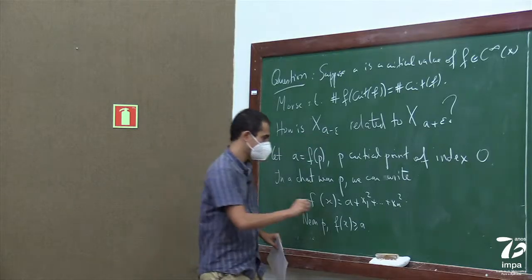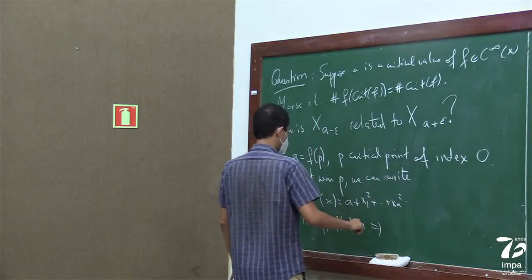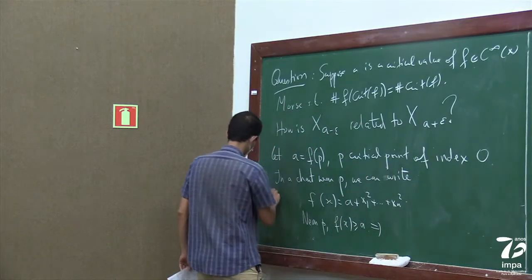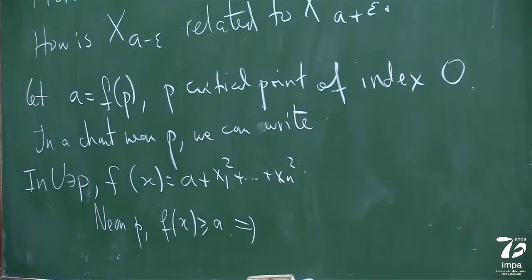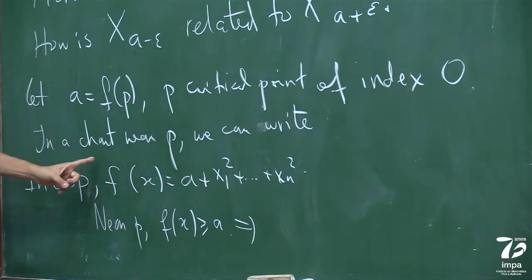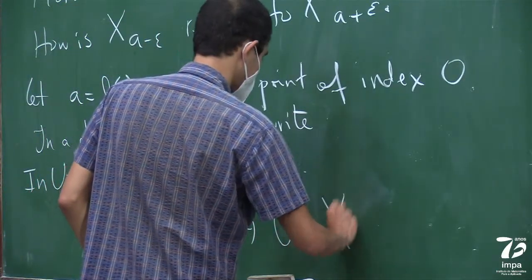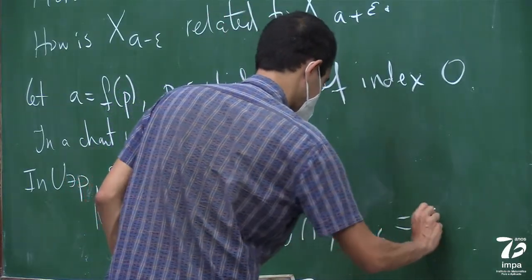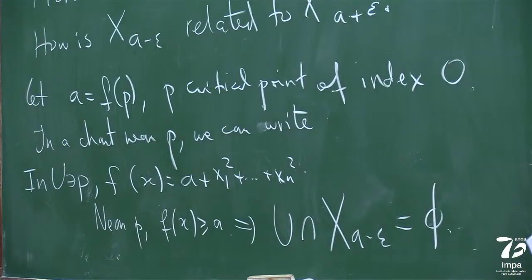So in some U which contains P, f has this form. This manifold could exist elsewhere because this is just a local description near P. But this means that this neighborhood does not intersect x^(a-epsilon). Okay?